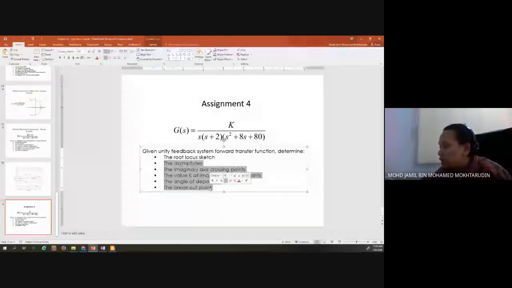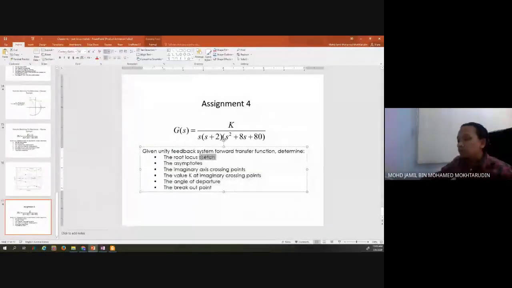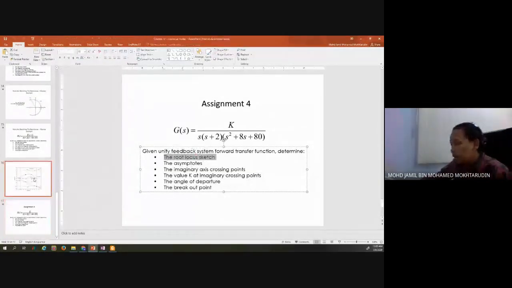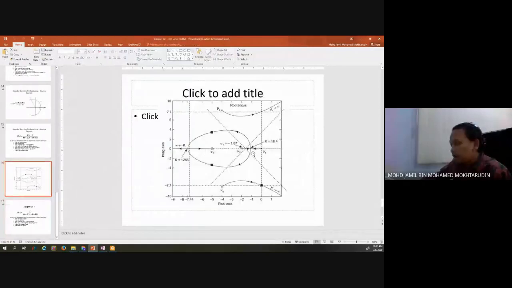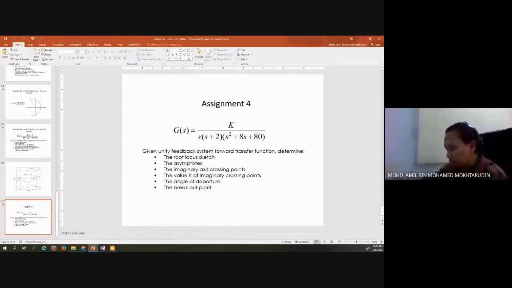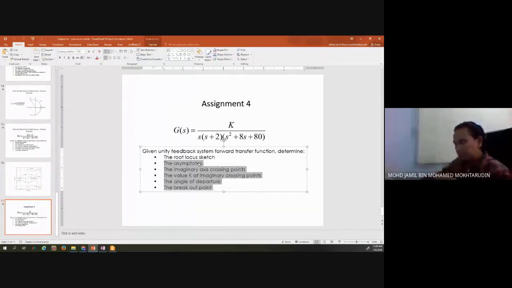After determining, then you can sketch. Sometimes when you sketch, you don't know where the asymptote is, where the jw axis crossing is, where the breaking point is, and so on. So try to answer the other questions first, and then lastly sketch.